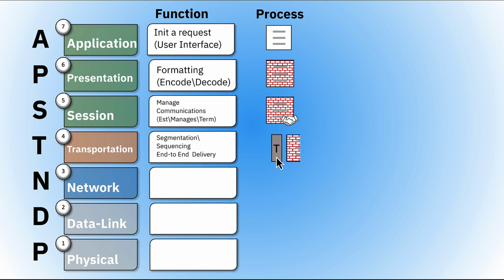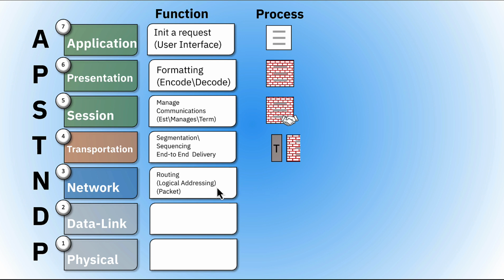A portion of the information is segmented, so we have a portion of the data here, and then we have a transportation header. Slowly but surely we're creating what we're going to call a network packet.